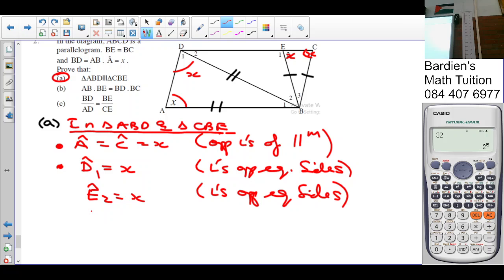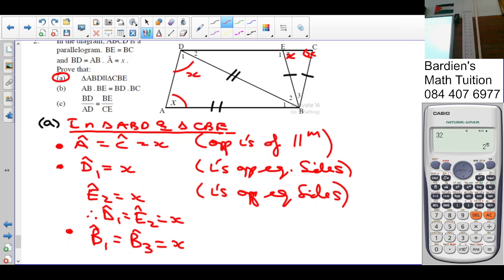So what can you conclude now? Therefore, D1 is equal to E2 is equal to x. Okay. So we've got two angles that are already equal in this triangle. So therefore, the third one is going to be angle B1 is equal to B3.